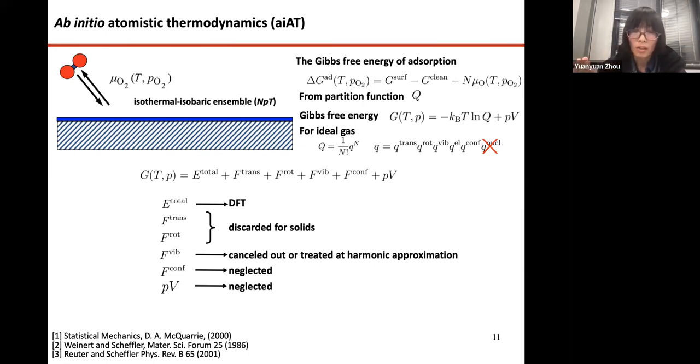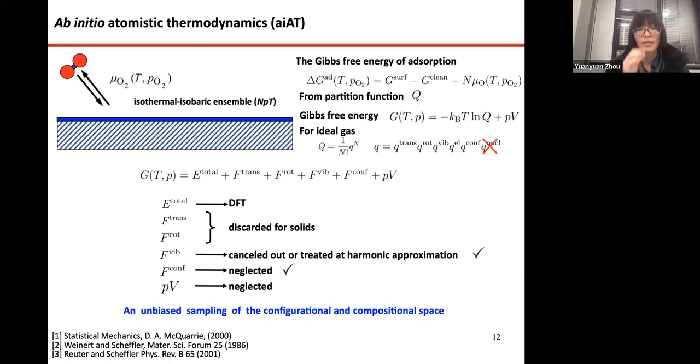But as we heard from Professor Hoyt, it can also be treated in analytic form, and the PV term is negligible here. These two approximations, however, do not always yield an accurate phase diagram, especially at high temperature and high coverage. And we want to free ourselves from these approximations.